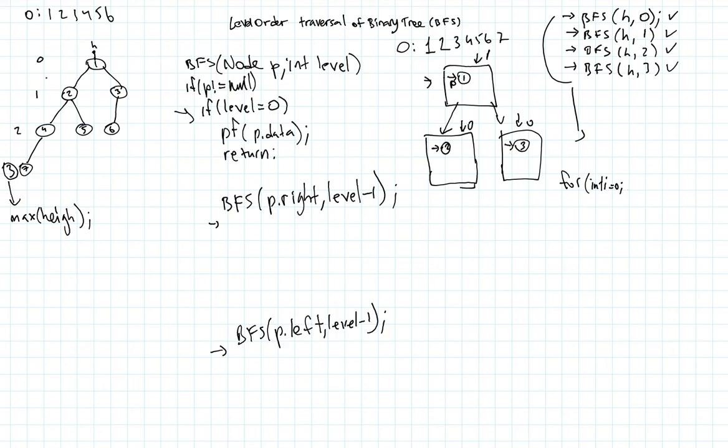So this is my 0, and then it's gonna go until the height of the tree, and increment. And inside there I'm just gonna put my BFS with height and index. So this function is gonna be called 4 times.